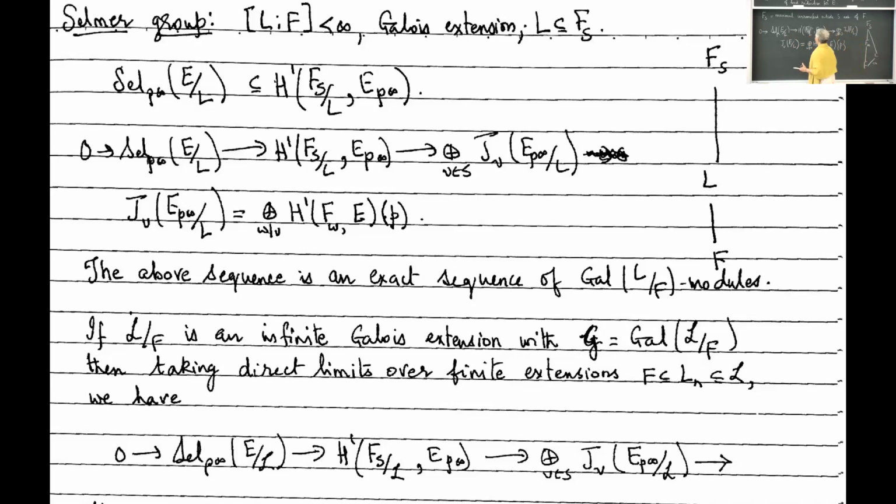And then, of course, there's the Tate-Shafarevich group, which is really the same thing, except I don't have an E here. I have everything outside. So let me just write H^1(L, E), and this is the kernel.